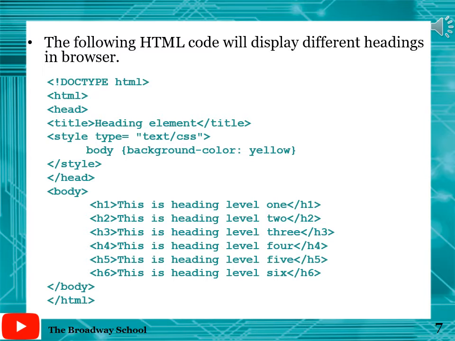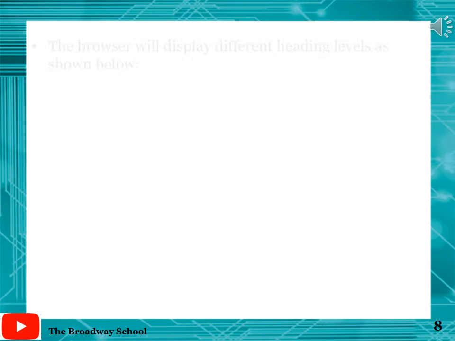The starting lines like doctype HTML, HTML, head, title, style type, and style close and head, these are all essential for the HTML document. You have to type them for each and every HTML document. But in the body, whatever you write, you want to place those things in the browser.